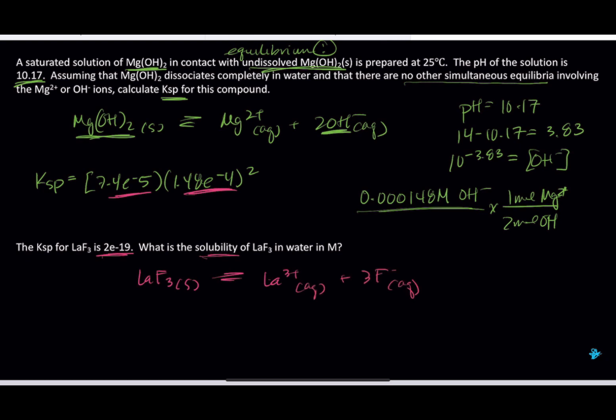And so that means Ksp, which is 2 times 10 to the negative 19th, is equal to X times 3X cubed. Yes, does that make sense? And then we would solve for X, and X is our solubility.